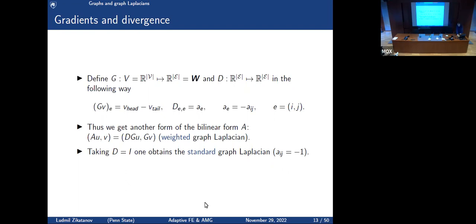D equal to identity is the so-called standard graph Laplacian, where you have -1 on the off-diagonal elements. All right, so again, we are trying to solve Au = f. If A is singular, but only the constant is in the kernel, we're going to assume f is orthogonal to the constant, so that we have no trouble doing any of that.